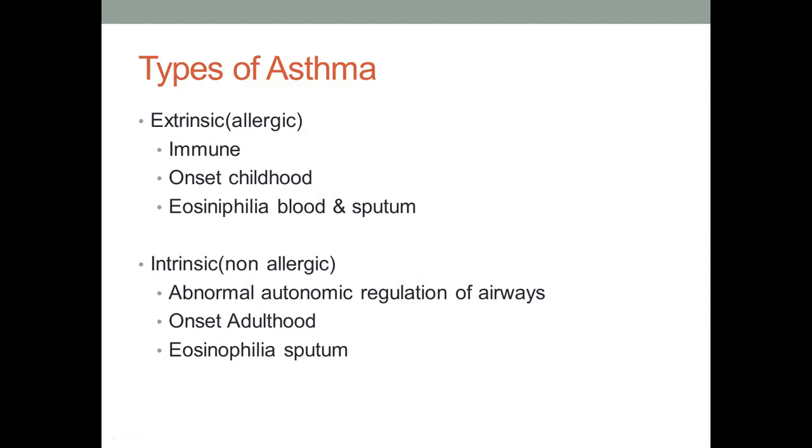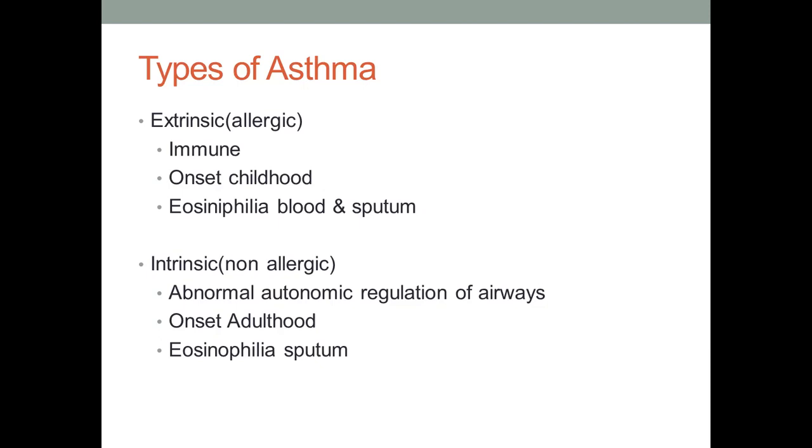Now we will discuss types of asthma. We have two types of asthma mainly. One is extrinsic allergic asthma. The other type is intrinsic non-allergic asthma. Extrinsic allergic asthma is immune mediated, immune dependent, and that starts in childhood.